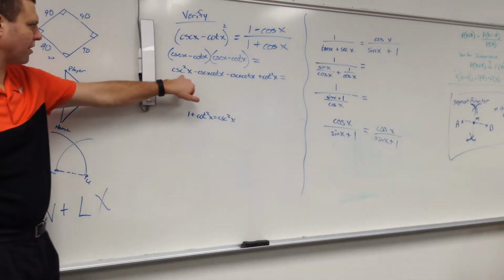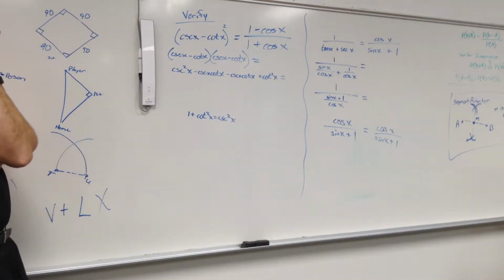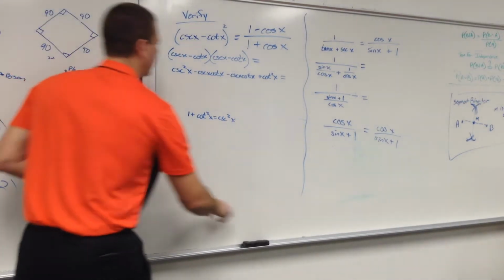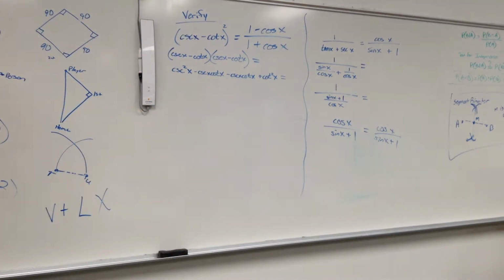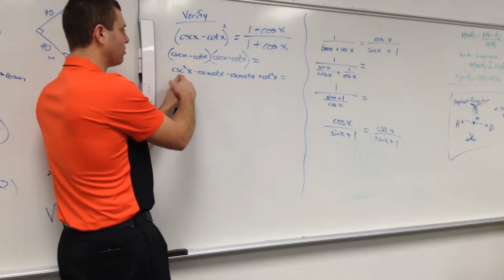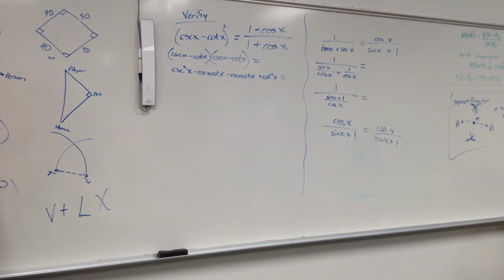I never really have a cosecant plus a cotangent, do I? So that was my first thought, to try to use a Pythagorean identity, because if it said cosecant squared minus cotangent squared, then I could have replaced that with a 1.